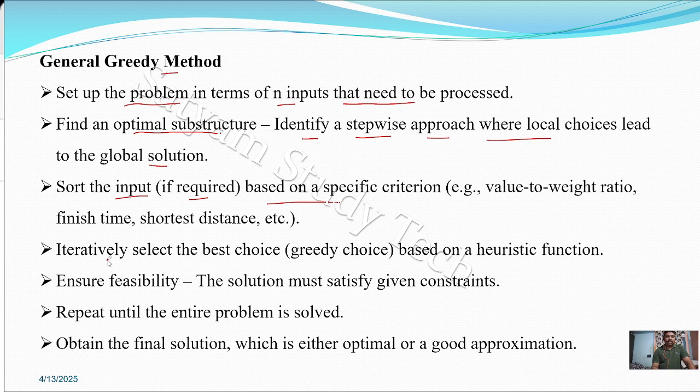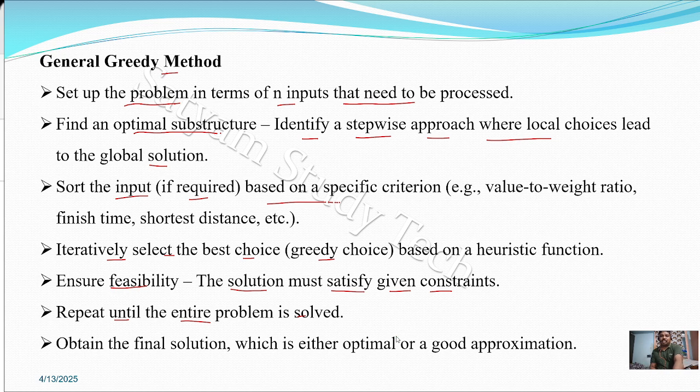Iteratively select the best choice, the greedy choice, based on the heuristic function. Ensure feasibility: the solution must satisfy the given constraints. Repeat until the entire problem is solved. Then obtain the final solution, which is either optimal or a good approximation.